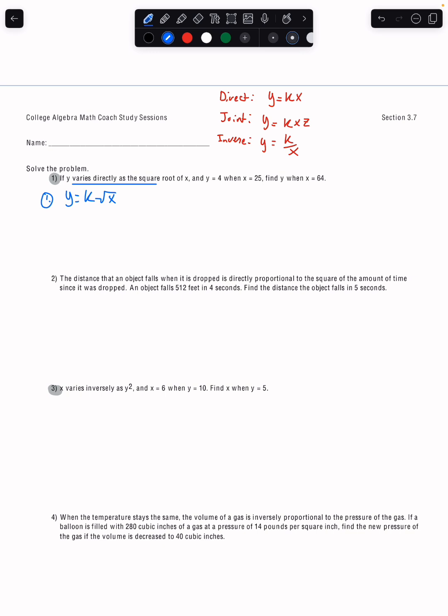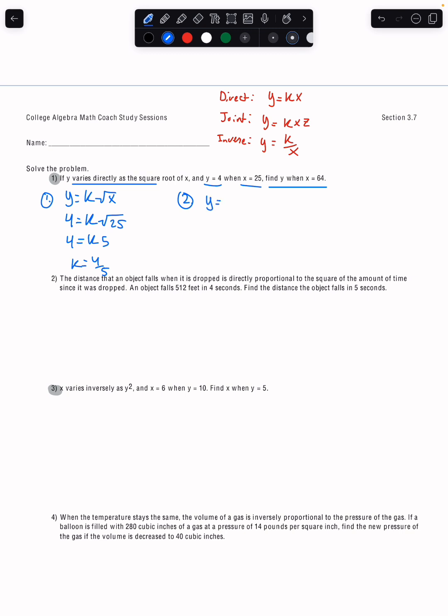And we're given that when y is 4, x is 25, so we can plug this in and solve for this k. In a second, you'll see why that's important. So we get k is 4/5. For the second part, we need to find y when x is 64.